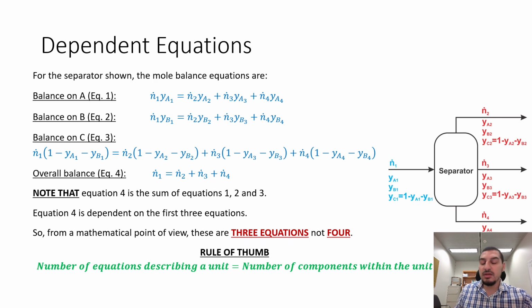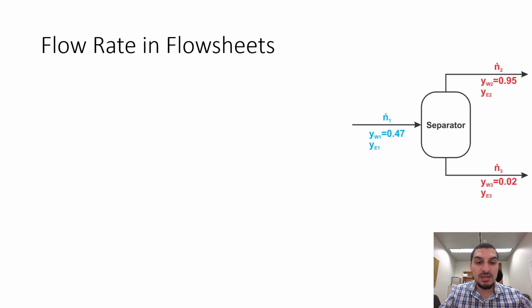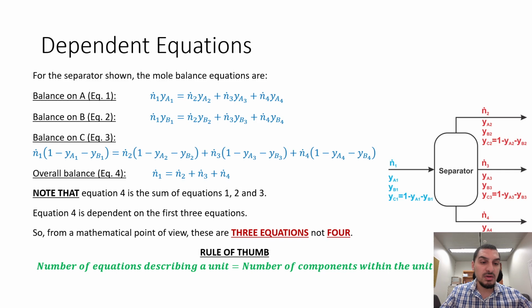This point must be very clear, because you have to know beforehand how many independent equations you have, so you know if the equations would be enough or you need to do something else. We will see this in more detail later, inshallah. This is a very important thing.